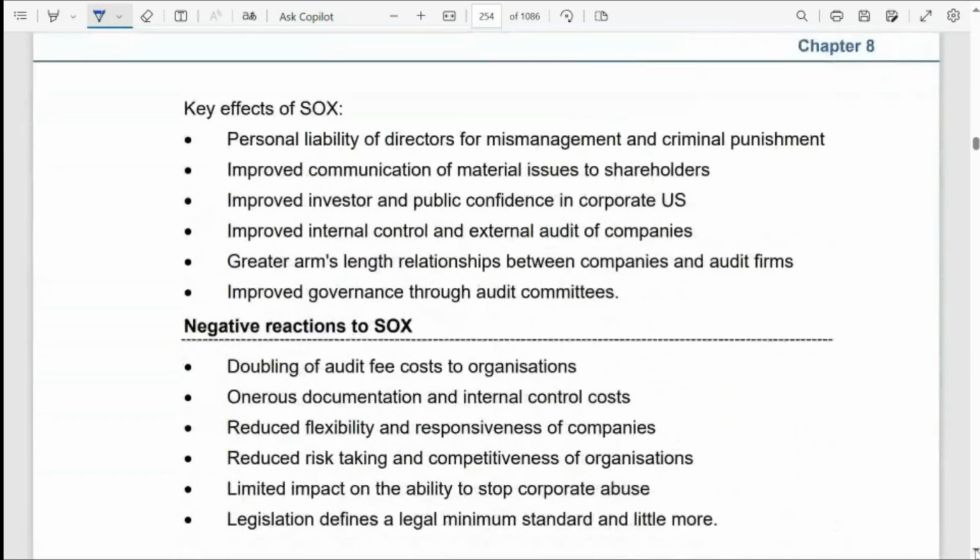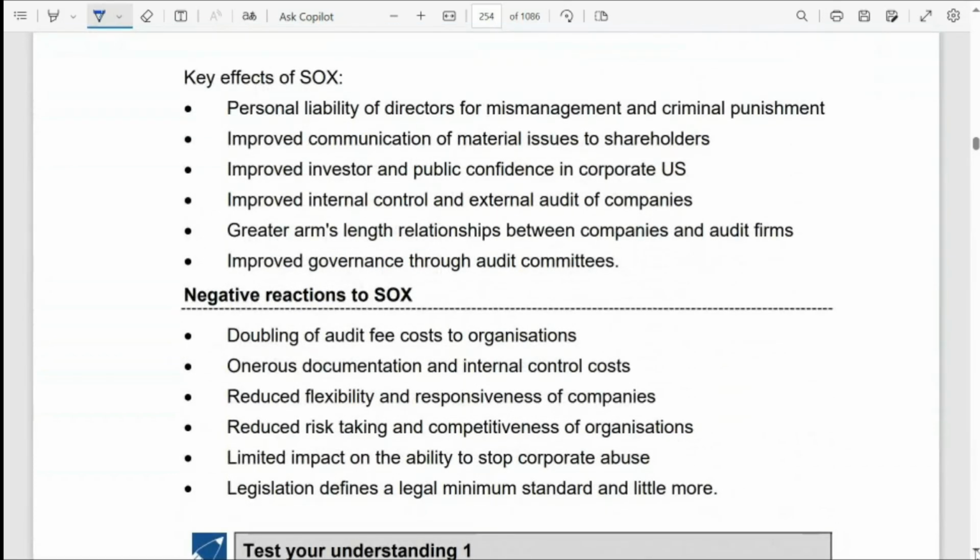The key effects of SOX include personal liability. This is why professional indemnity is a must for all chartered accountants. There are also criminal punishments for mismanagement, improved communication, improved public relations, and improved governance through audit committees.